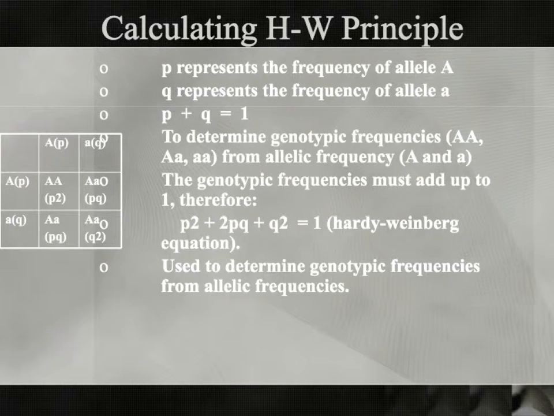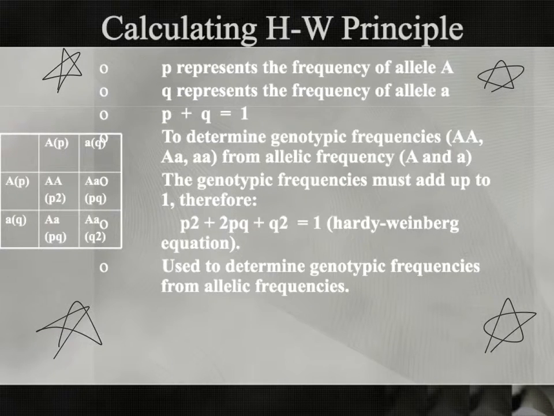Now calculating the Hardy-Weinberg principle. These are going to be extremely important for you to remember. You are not given all this information on a diploma exam, so this slide here is vital that you remember it all. First one, little p. Little p represents the frequency of allele A. What do we know about capital A's?